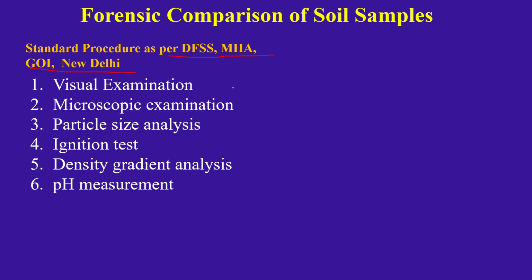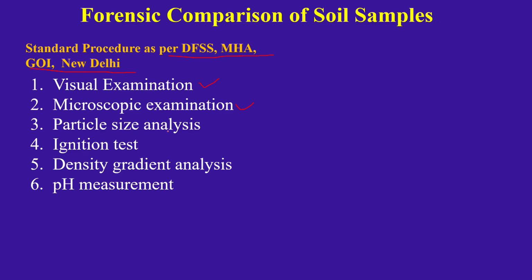They have mentioned the techniques. Visual examination of the soil samples, for determination of various features, like whether foreign or unwanted materials or any other things are present in both samples or not. Another is microscopic examination: both samples should be examined under the microscope for determination of various features or parameters.